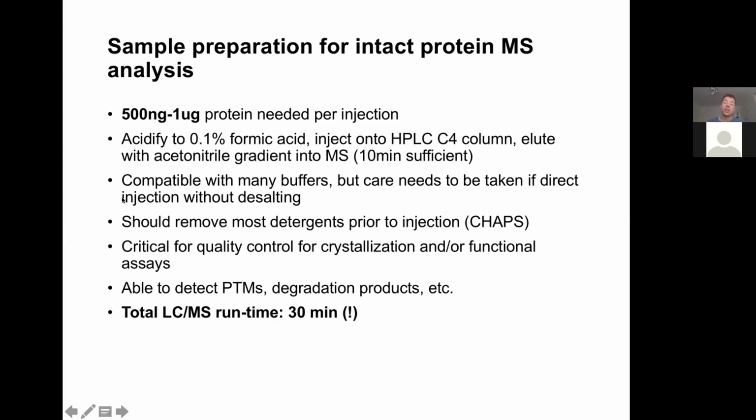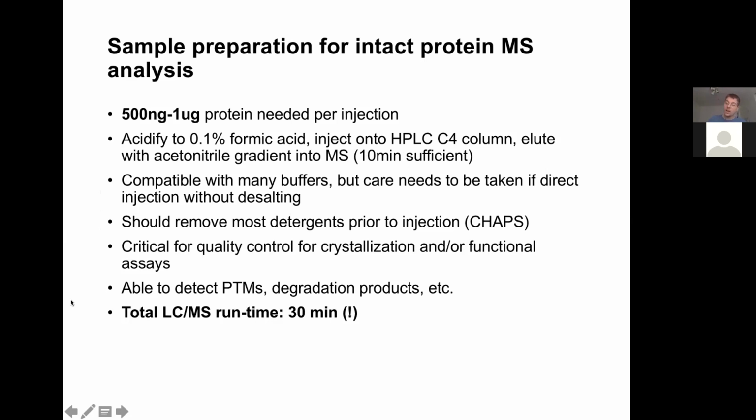But if you were doing a direct injection into the mass spec, which is common, then you need to be a bit more careful. For all of our work, we have salt reducing agents, and it's fine because we run it on the C4 first and don't inject it right away. Detergents are not so good though, so you want to remove those before if you can.